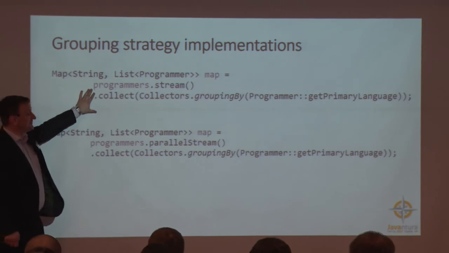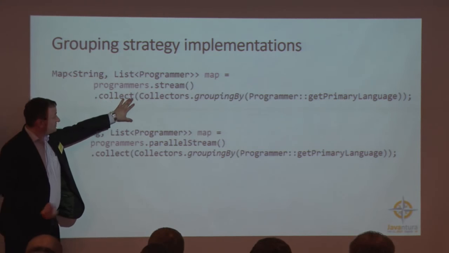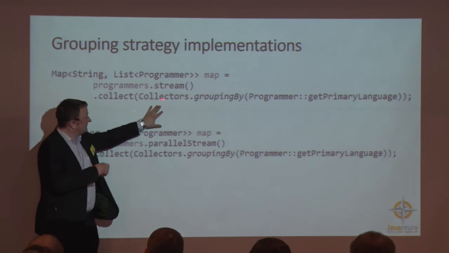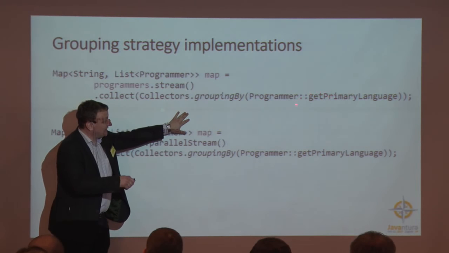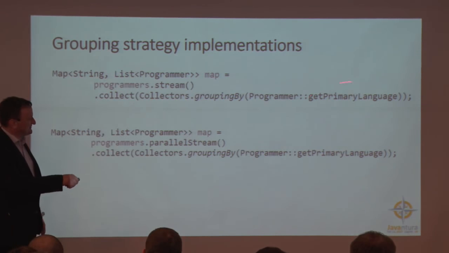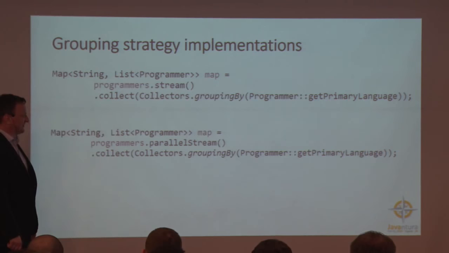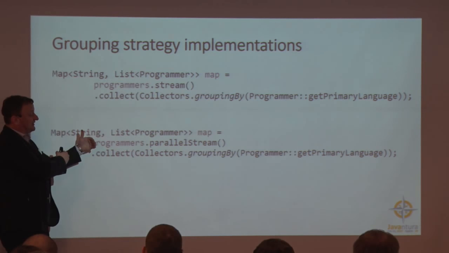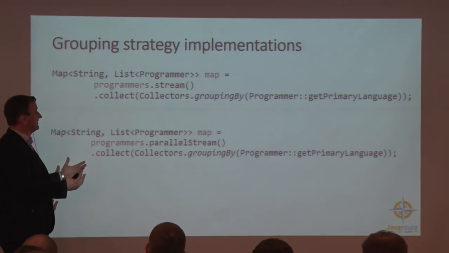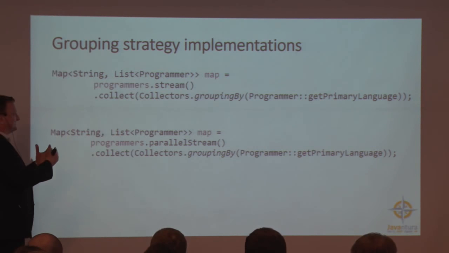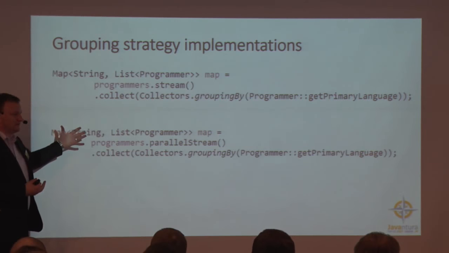It's so easy to group things because after you create a stream, you just need to call Collectors.groupingBy, and this method reference, our functional paradigm, is related to the primary language. The key is the language, the value is the list of the programmers, and you are there. So it's a great feature because the code is cleaner, simpler, shorter, but what about the performance?